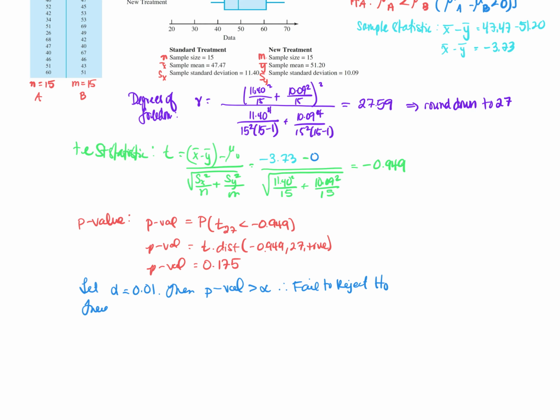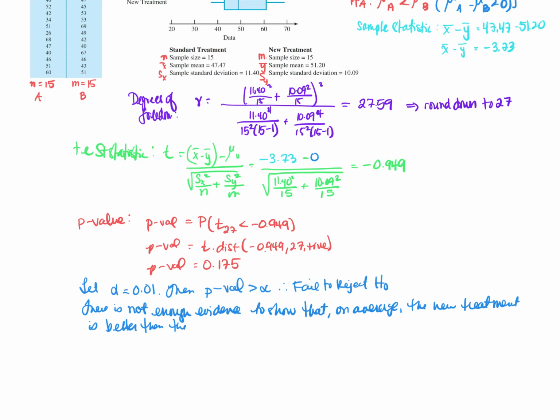We would say there is not enough evidence to show that, on average, the new treatment is better than the standard treatment. I wish I could write as fast as I speak.